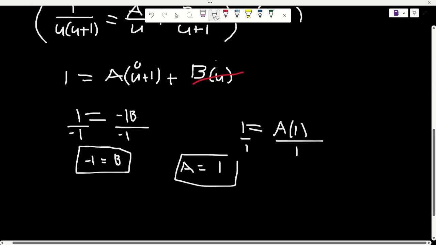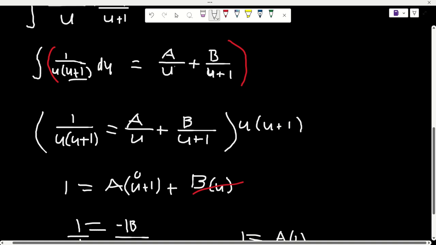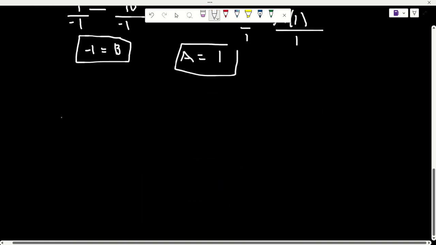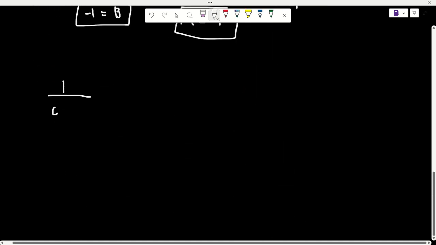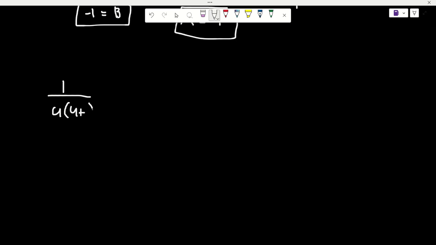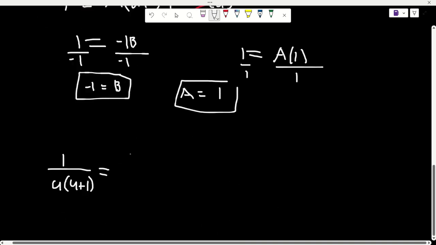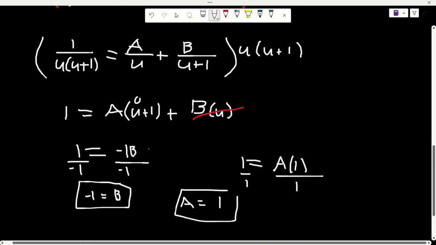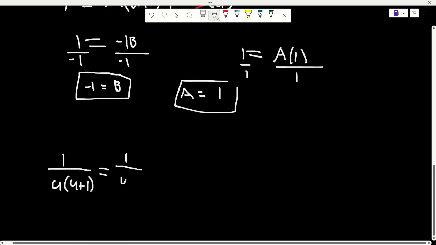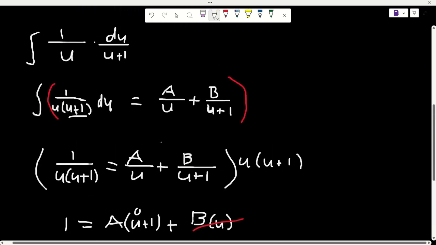So we have 1 over u times u plus 1, is equal to, our a is equal to 1, so a over u is 1 over u, and then b is equal to negative 1, so minus 1 over u plus 1.